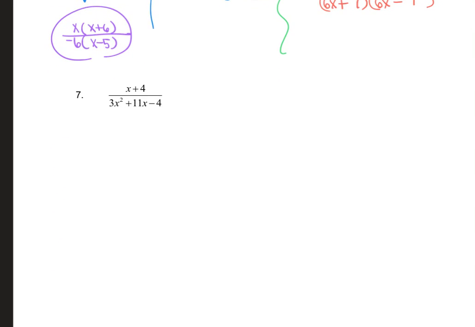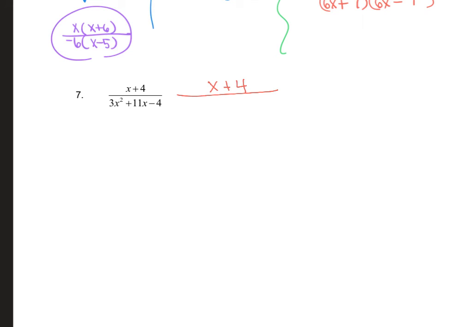All right. In number 7, on the top, in the numerator, we have nothing to do because there is no square and there is no GCF. And then our bottom piece is a grouping one because there's no GCF. There's no way to make it any smaller, pull anything out, and our A is greater than 1.